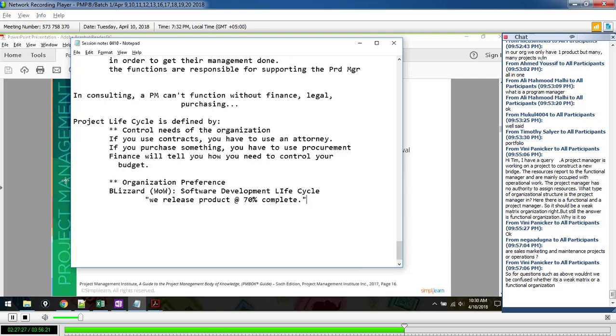Let's do something different. Let's pick on Audi now, okay? They use a product development life cycle. We release our product at 100% complete, right? You can't really beta test a car. You can do prototypes, but a prototype is not a beta test. A prototype is still 100% complete.